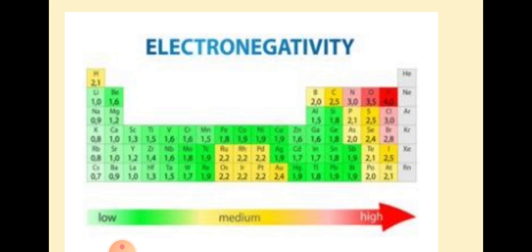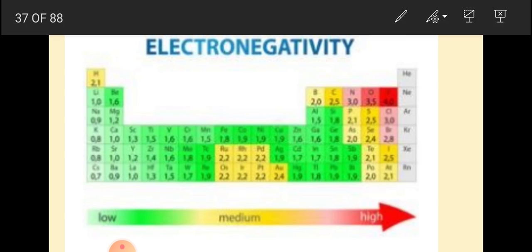Yellow ones have medium electronegativity, and red ones have the highest electronegativity. So by this you can see that in a group, electronegativity decreases on moving down the group.